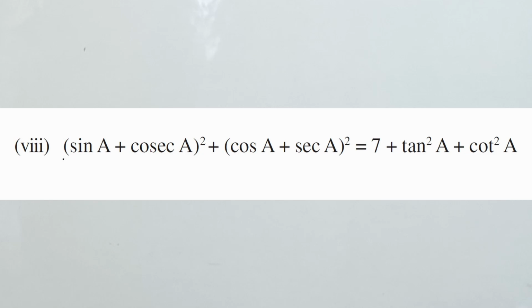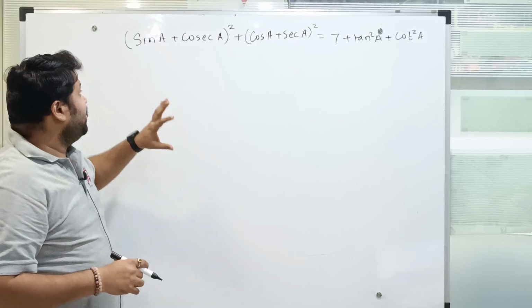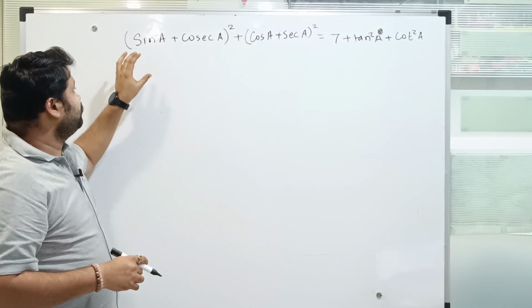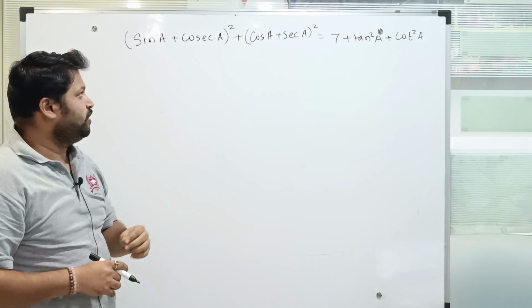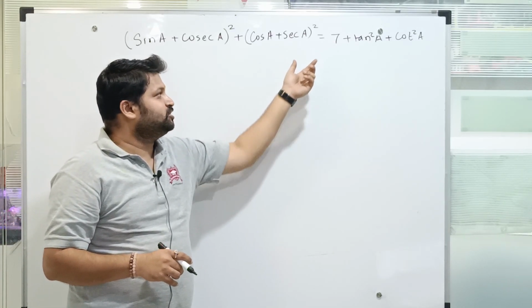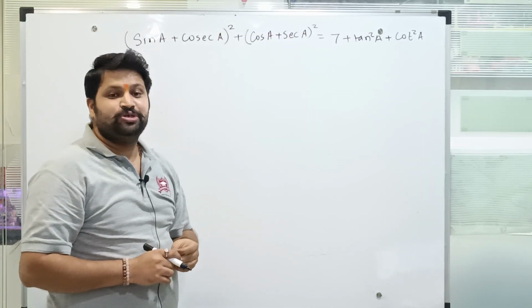The example is like this: (sin a plus cosec a) square plus (cos a plus sec a) square is equal to 7 plus tan square a plus cot square a.